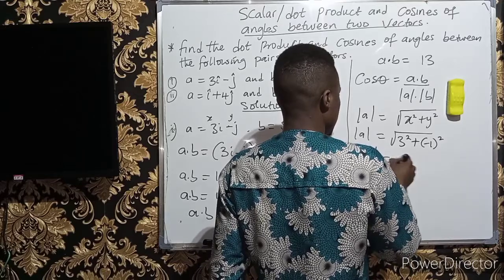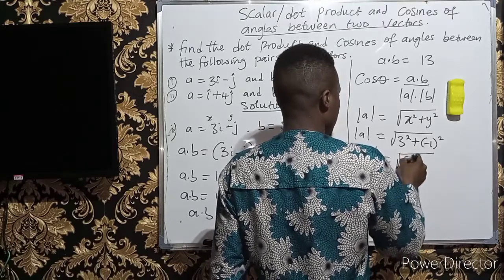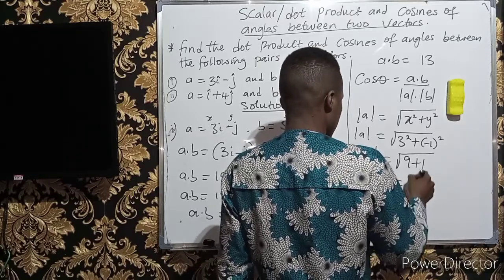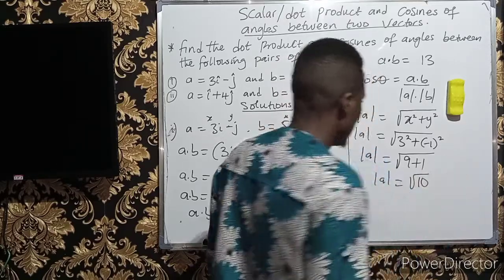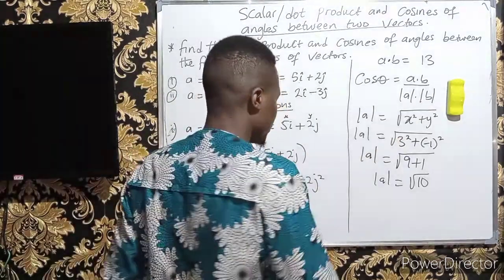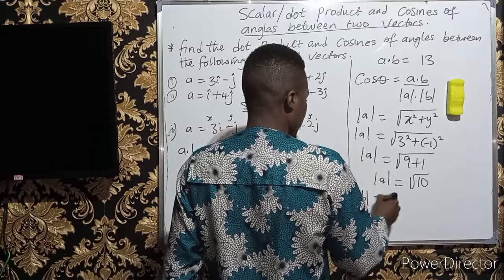So modulus of A is square root of 3 squared is 9 plus 1. So modulus of A will give us root 10. When I add 9 and 1, I'm getting 10. Now let us get the modulus of B. Now modulus of B is the same formula.